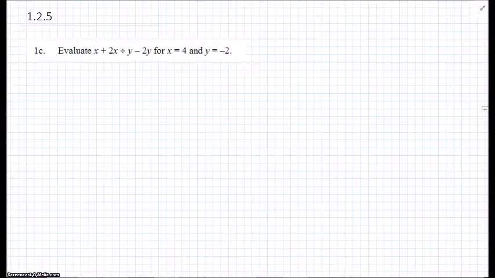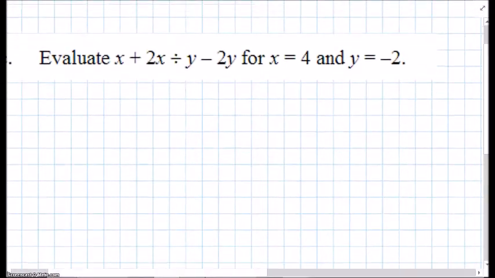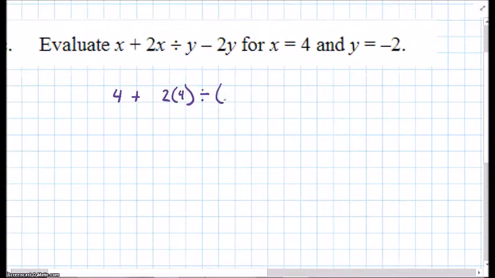1c, evaluate x plus 2x divided by y minus 2y. Let's just plug it in. So I've got 4 plus 2 times 4 divided by our y value, which is -2, minus 2 times y, -2.